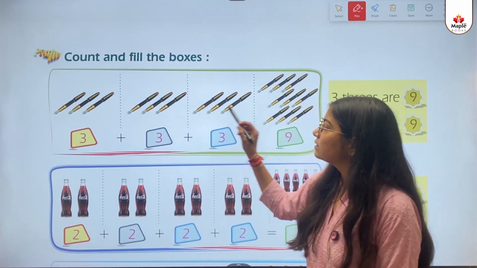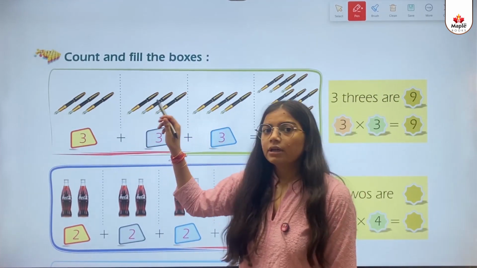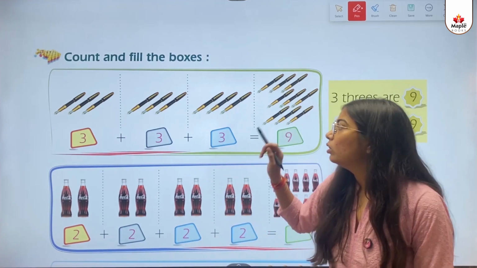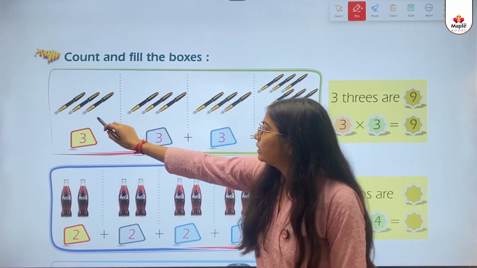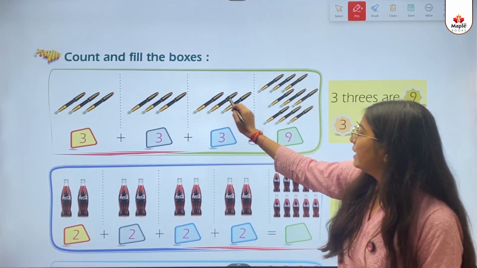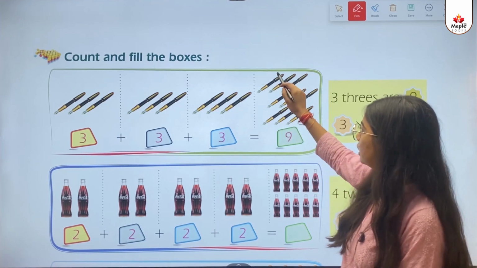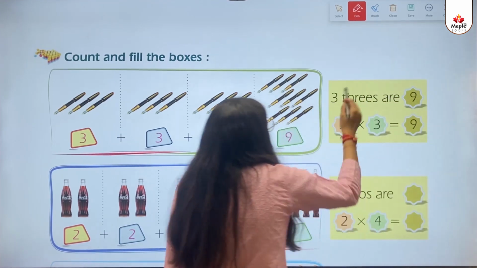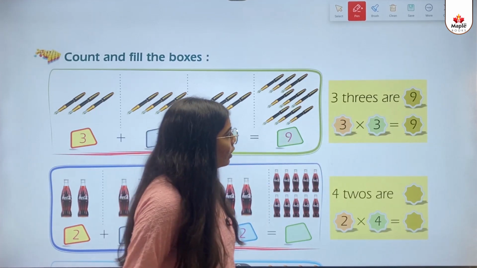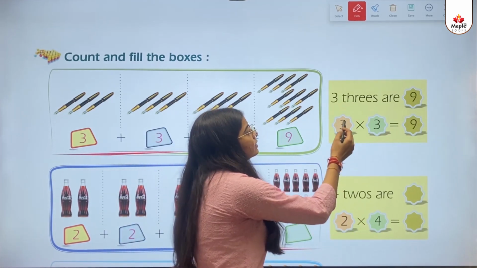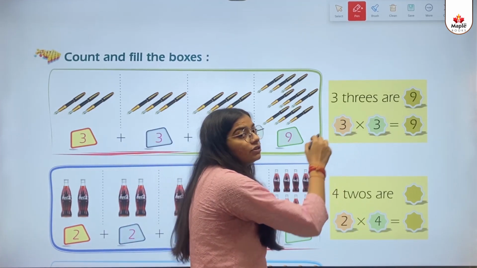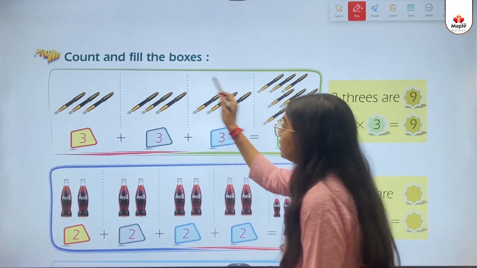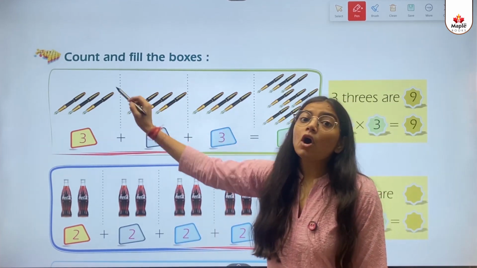So kids, as you can see in this picture, there are pens given. It is written already 3 pens, 3 pens, 3 pens, and in total you can count also, there are 9 pens. And what is written here? The first 3 says that each group has 3 objects.